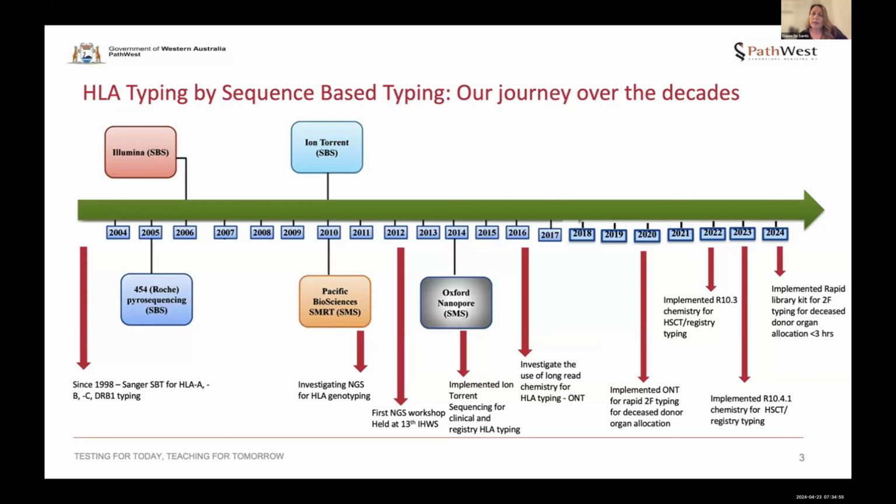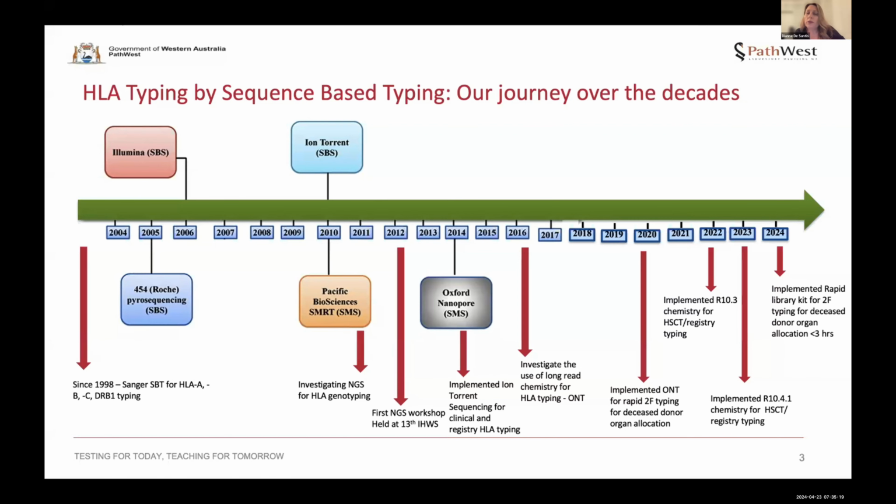In May 2020, we were the first to implement Oxford Nanopore technology for rapid 2-field typing resolution for deceased donor organ allocation. So high-resolution typing in about 4 to 5 hours. And then over the next few years, we started looking at the R10 flow cells for clinical samples and registry typing.